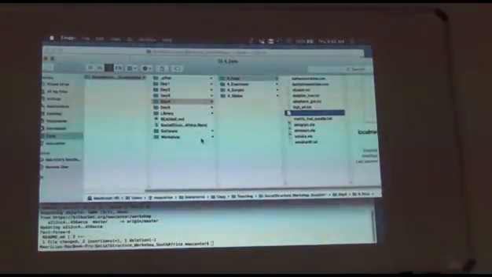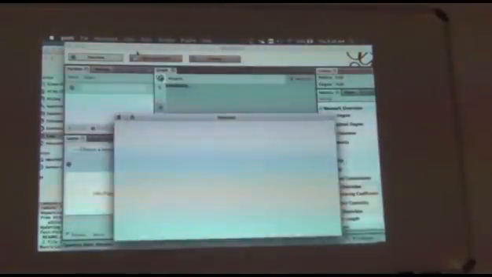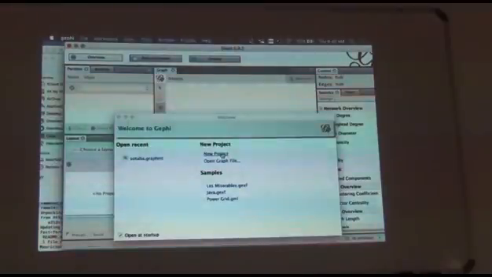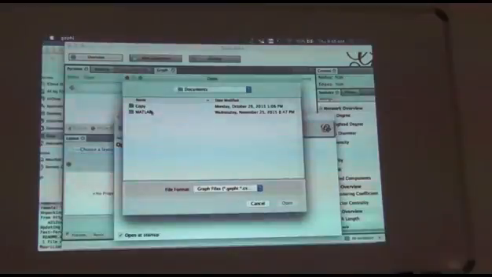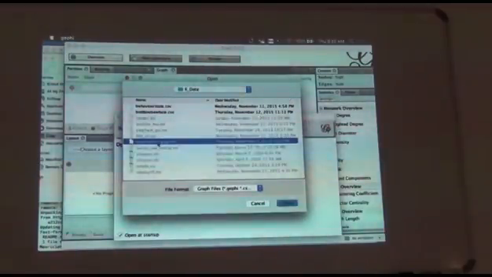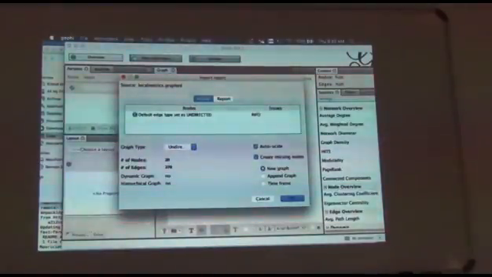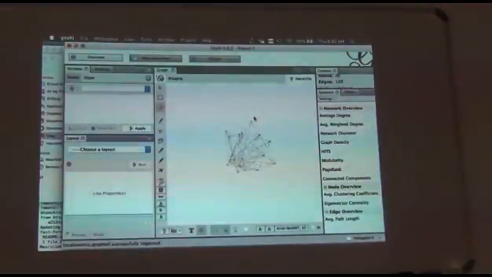I'll see if I can show Gephi. Which version do you have? Oh, 0.7.